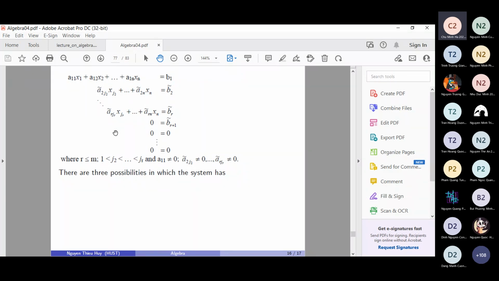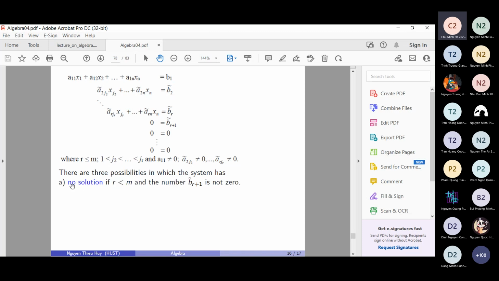So therefore, all of them are not zero. They are leading non-zero entries of non-zero rows, arranged increasingly. Right? So there are three possibilities in which a system may fall.